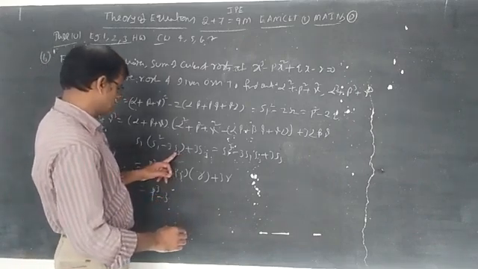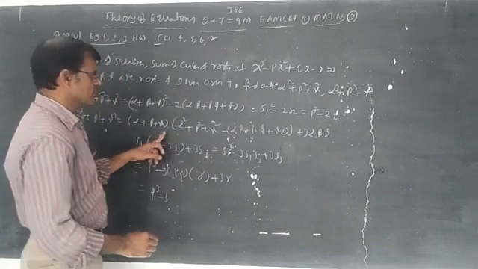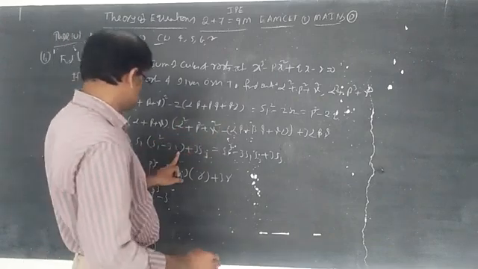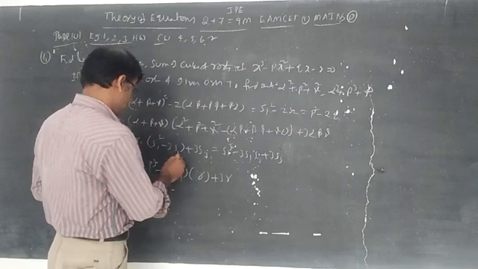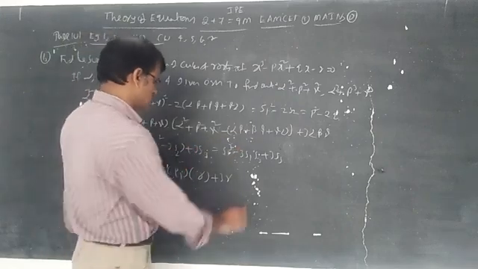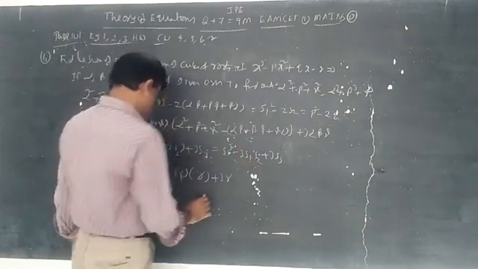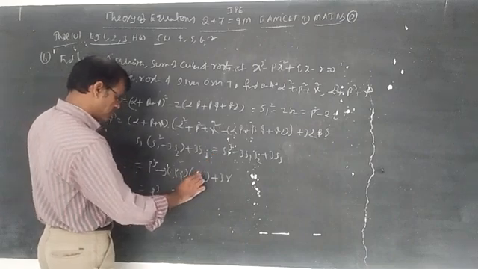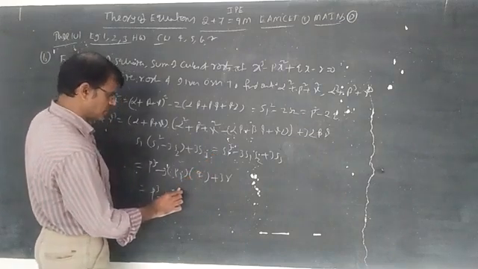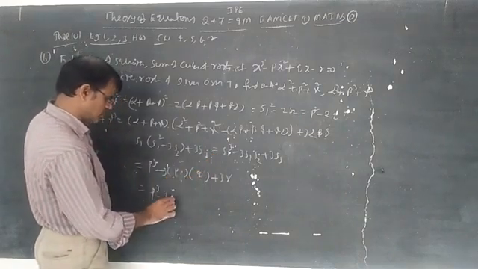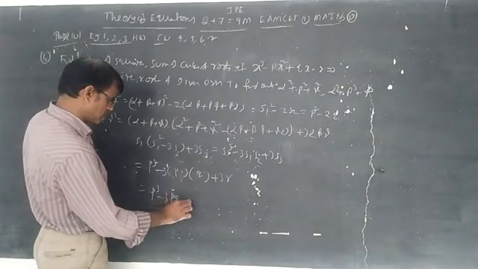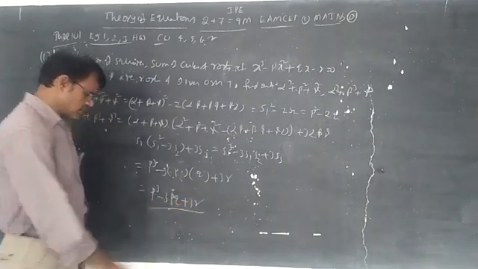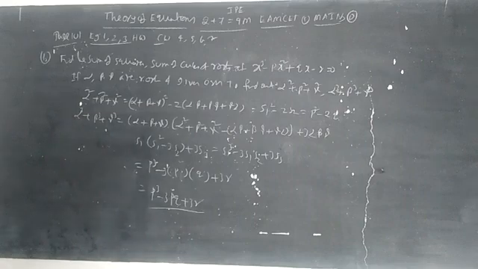This is not simple, because this is S2. So 3S1S2. So p cube minus 3pq plus 3r.